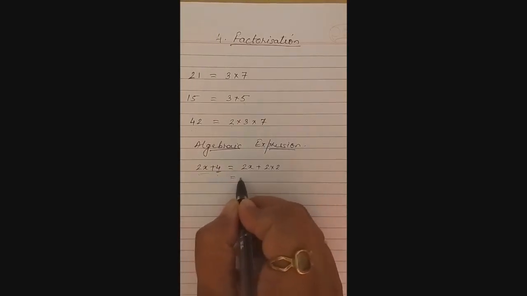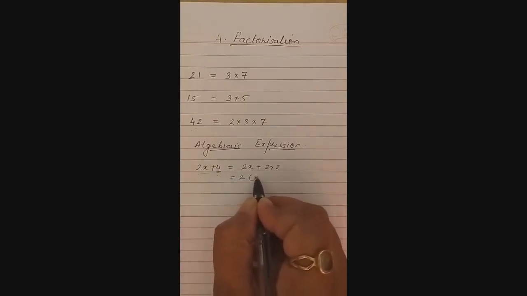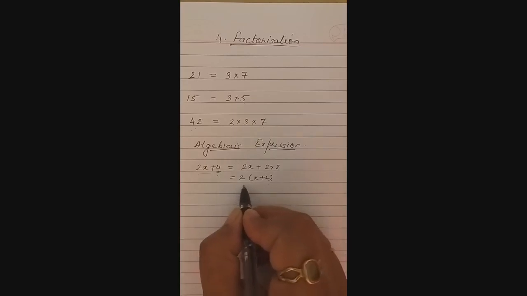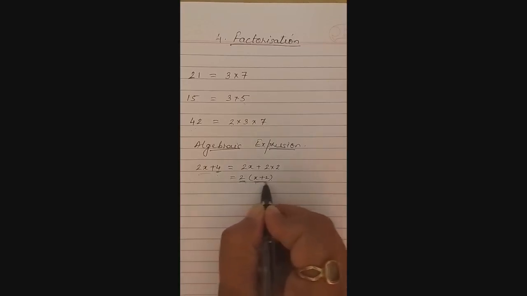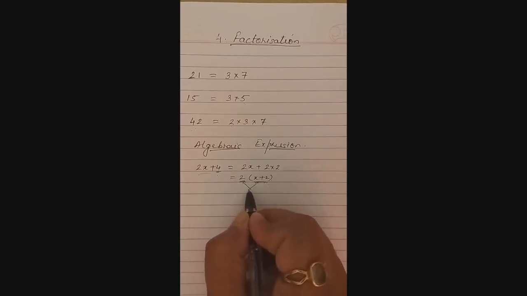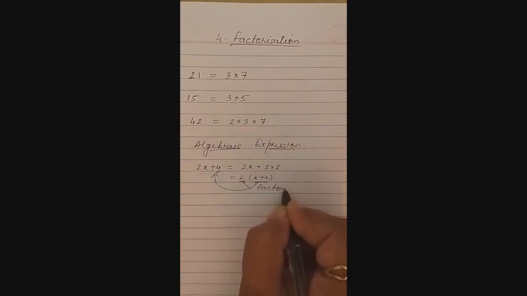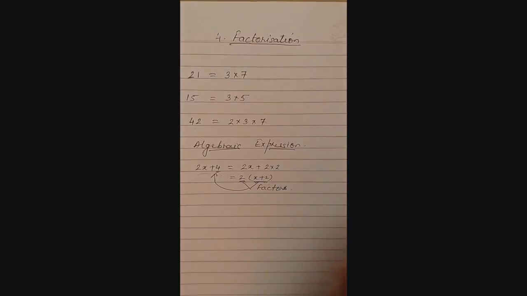Now I'll take 2 common. What is left in the bracket is x plus 2. Now these cannot be resolved further, so these two are the factors of the given algebraic expression.